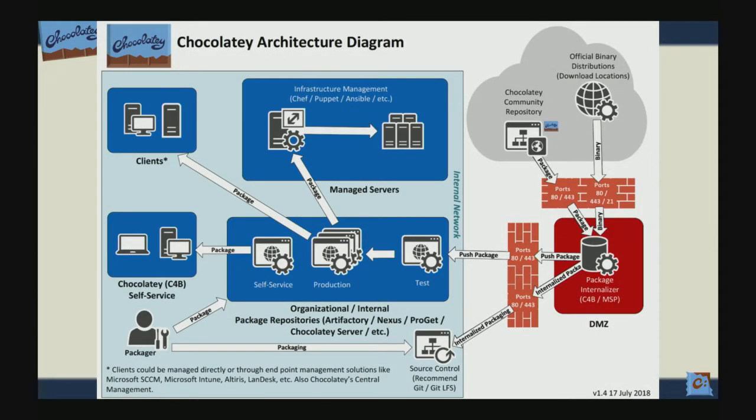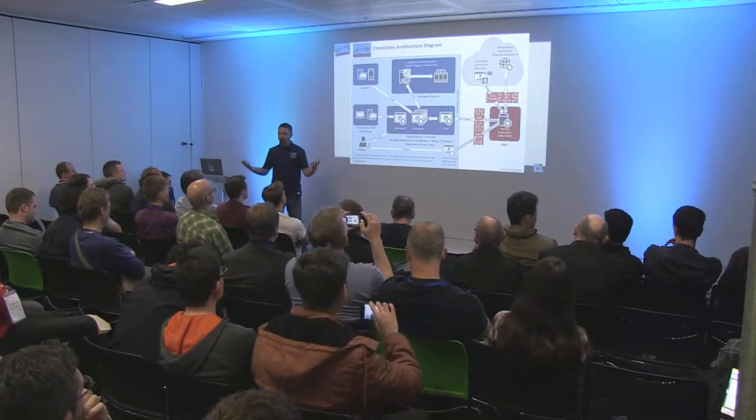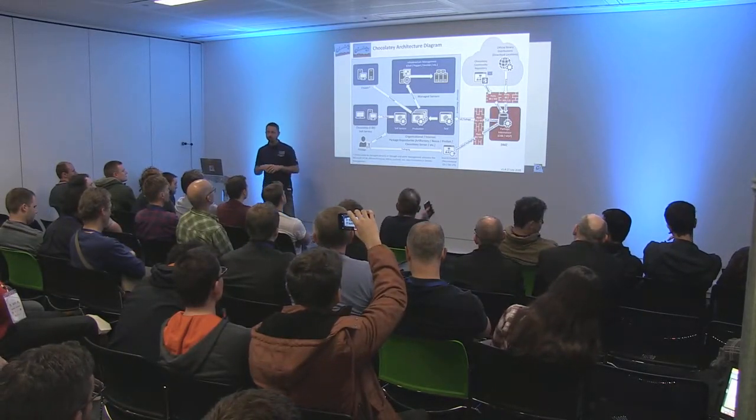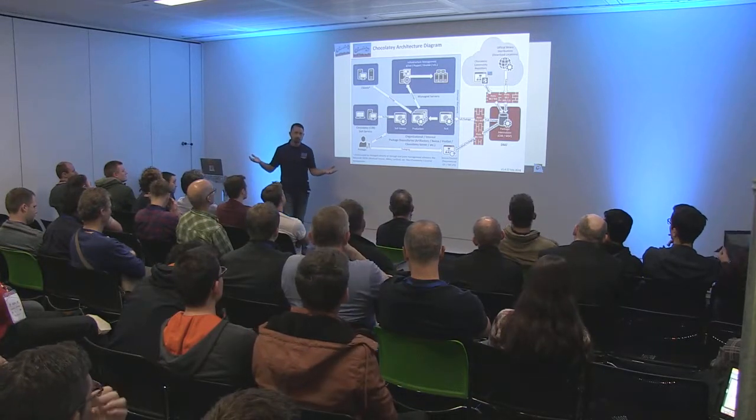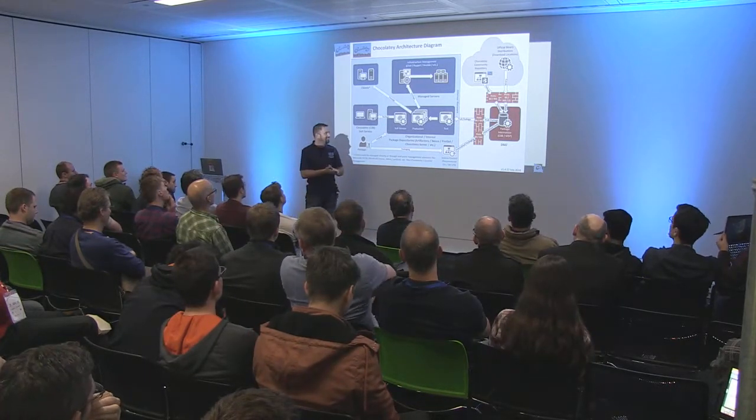And that plays into our organizational architecture. What you'll see is you've got your internal network or internal cloud or whatever. And in here, you would have one or more repositories. We typically recommend a few. That can be one instance of something like Artifactory, Nexus, or ProGet, or like 10 instances of Chocolatey server. And you would set that up, right?